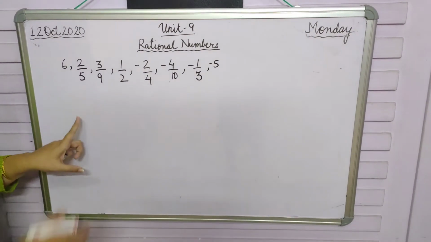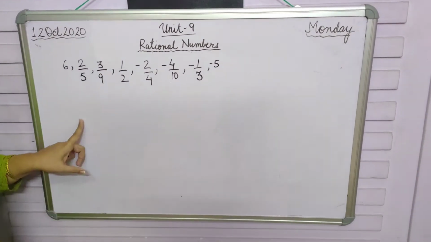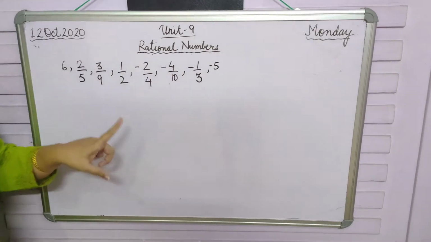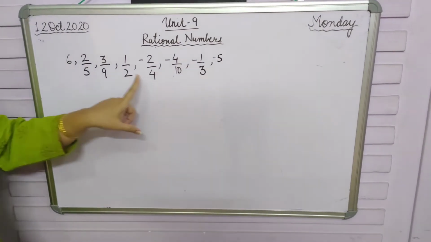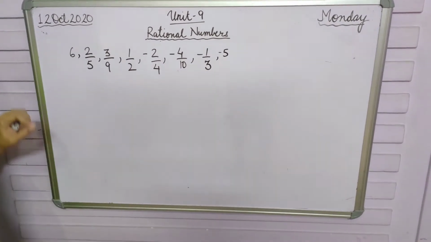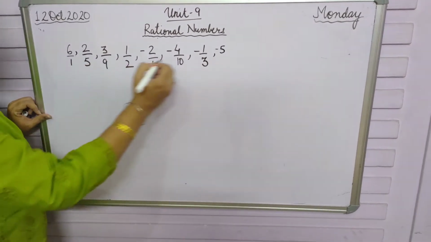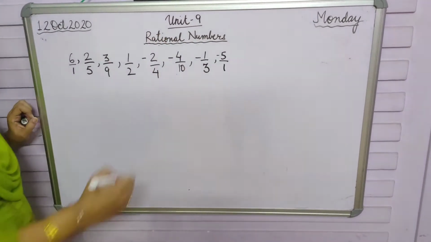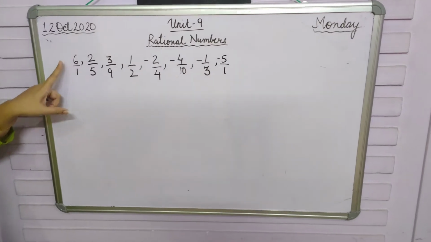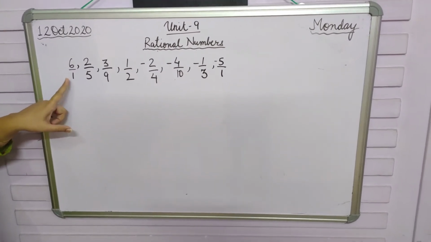So we can say that rational numbers include the integers also, both positive and negative. They include the fractions also, and negative numbers like this also. Why integers? Because I have already told you that every integer or every whole number can be written as a number with denominator 1.